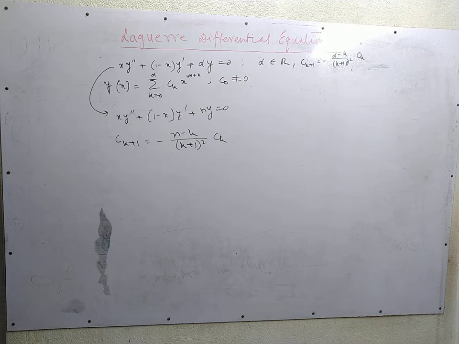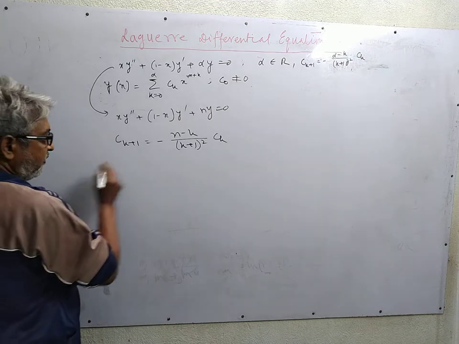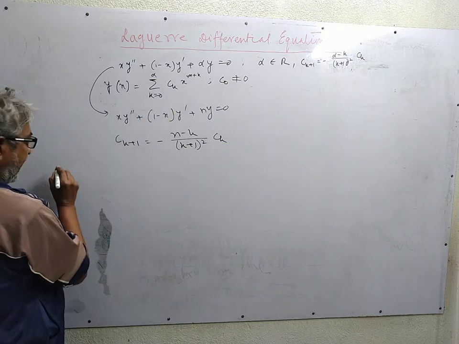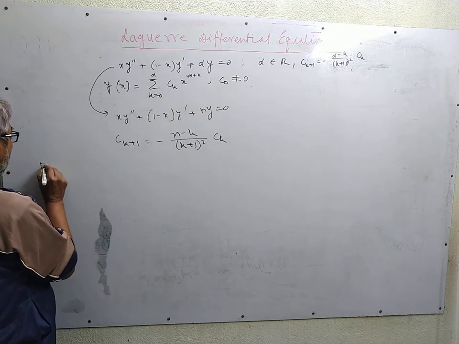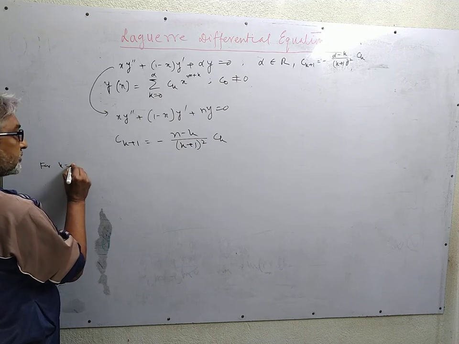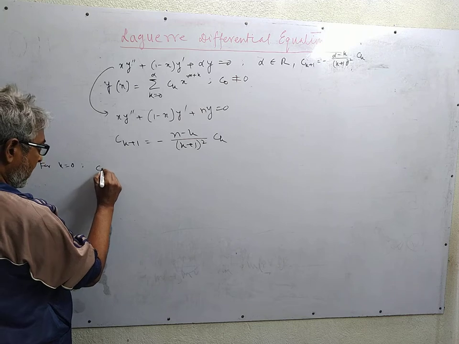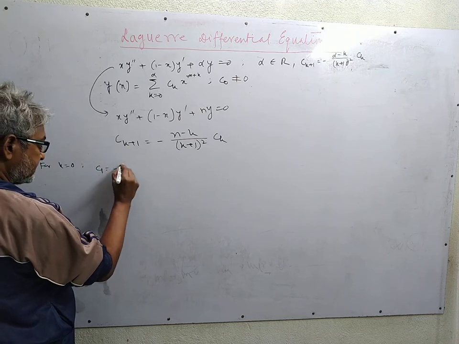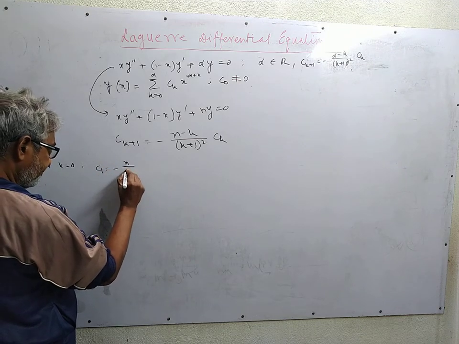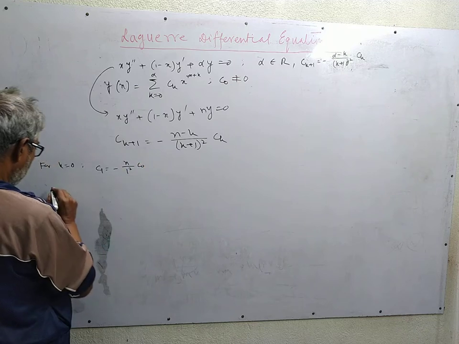Now we come to the evaluation of the coefficients. For k equal to 0, we get c1 equal to minus n by 1 square c0.